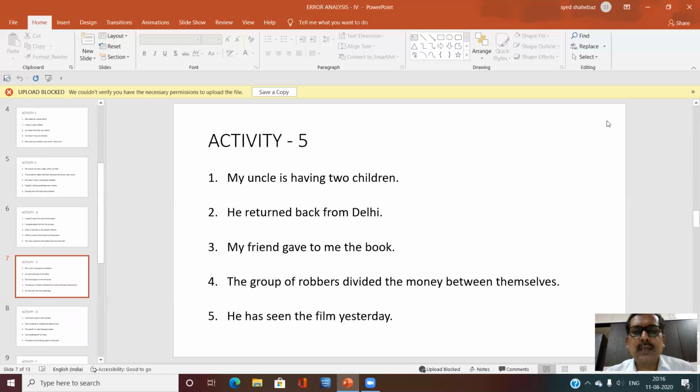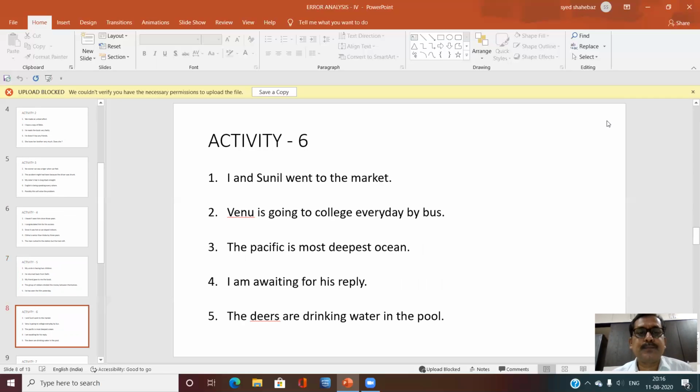My uncle has 2 children. He returned from Delhi. My friend gave me the book. The group of robbers divided the money among themselves. He saw the film yesterday. Sunil and I went to the market. Venu goes to college every day by bus.